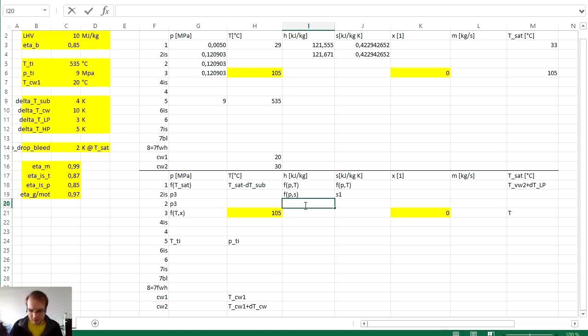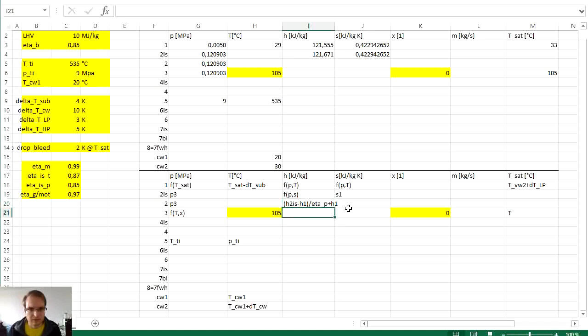So the enthalpy at point number 2 is the difference of enthalpies H2IS minus H1 divided by the pump isentropic efficiency, and this is the enthalpy difference, so we need to add this to the enthalpy at point 1.